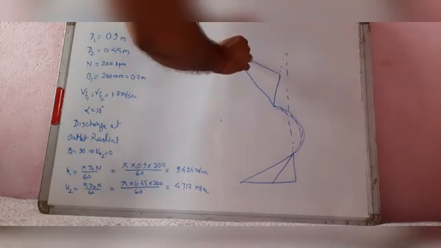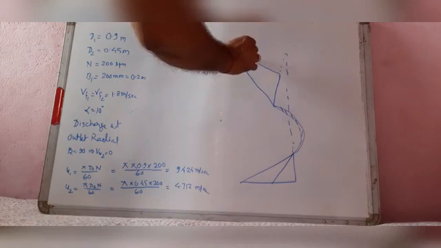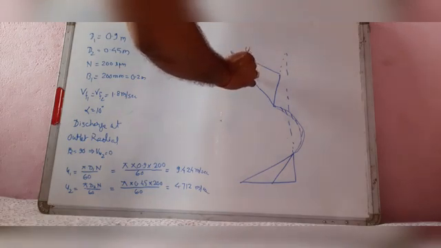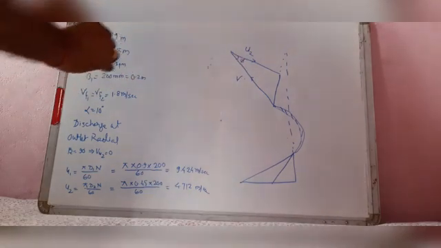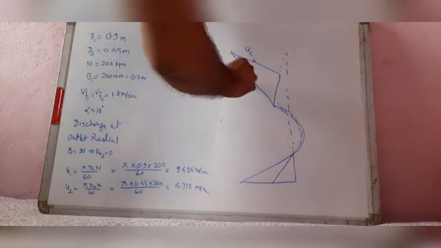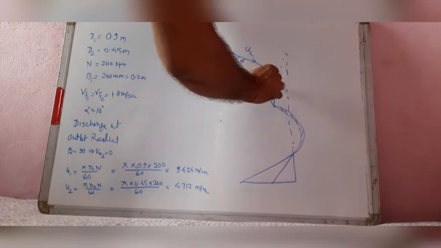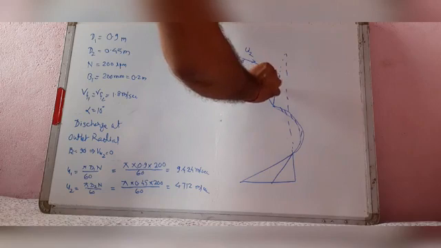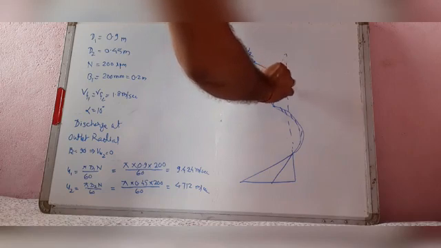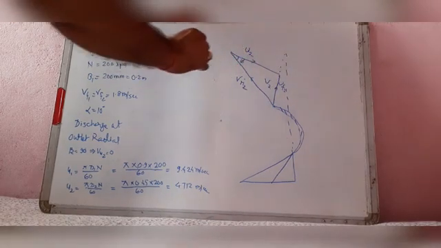Here this is angle phi, this is U2, this is Vf2, Vr2, this is V2, and this is also Vf2.